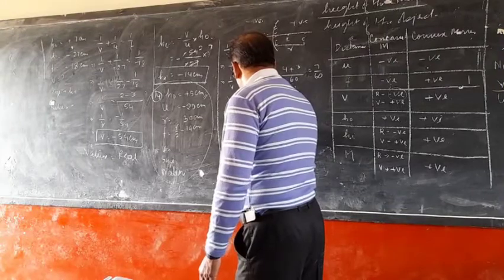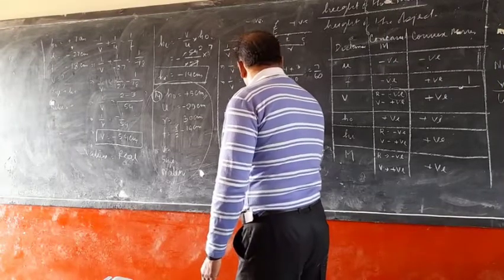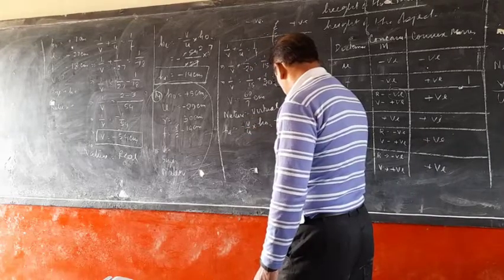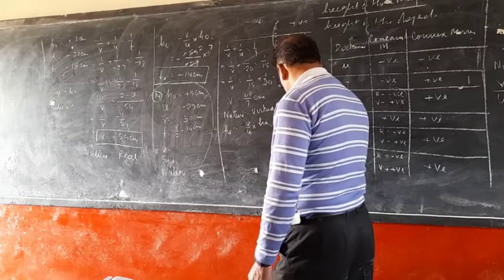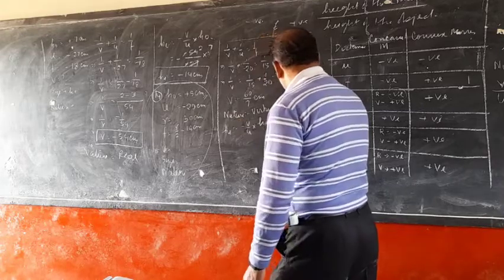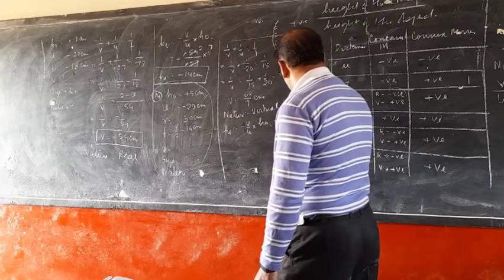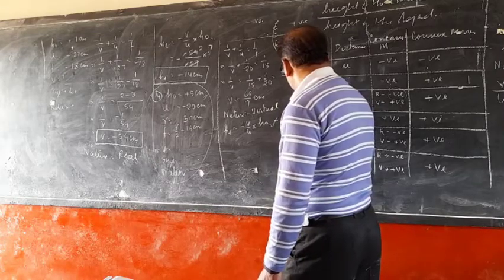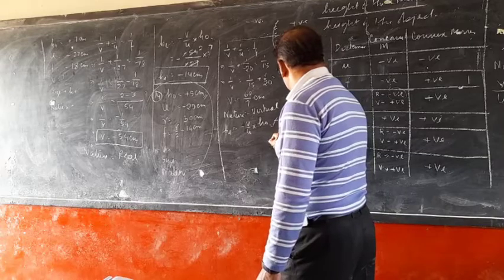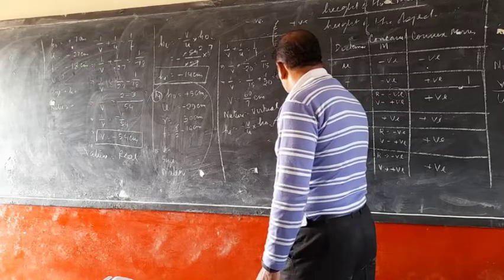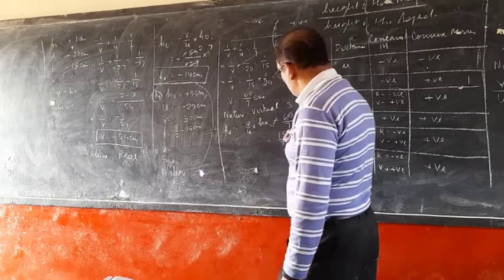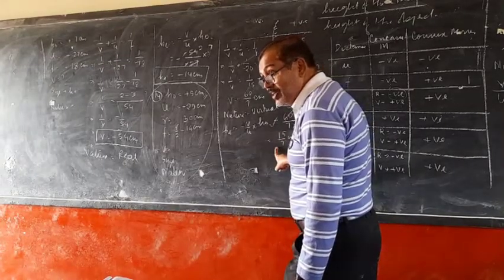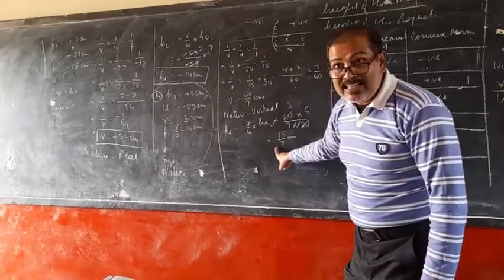Minus v upon u into the height of object. Minus v, how much did it come, children? 60 upon 7, and u is how much? Minus 20, and the height of object is how much? 5. Minus and minus cancel. 3 times 60... that is equal to 5 threes are 15 upon 7 centimeter. And it is positive, which means the nature of the image is virtual and erect.